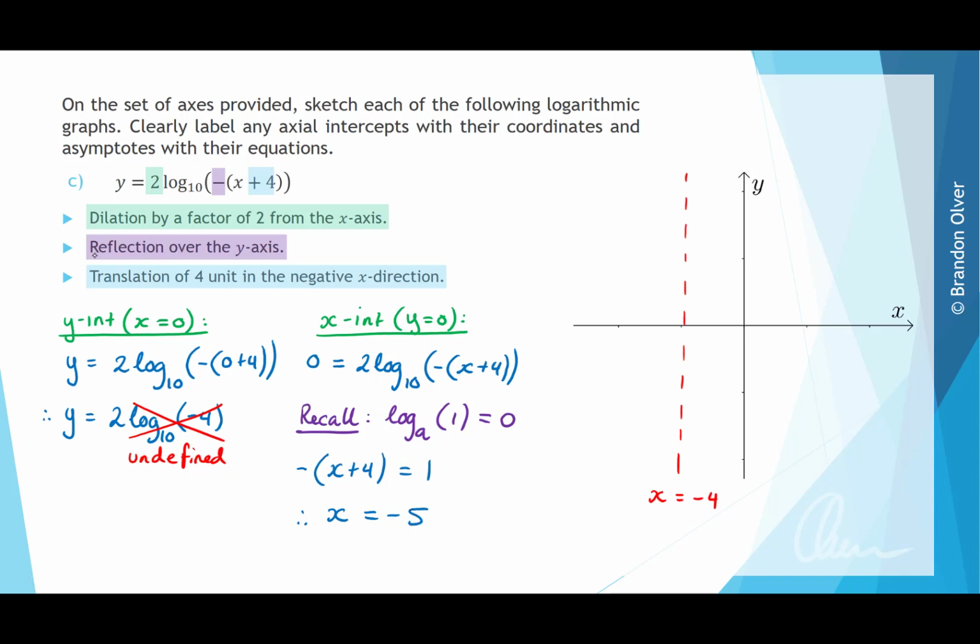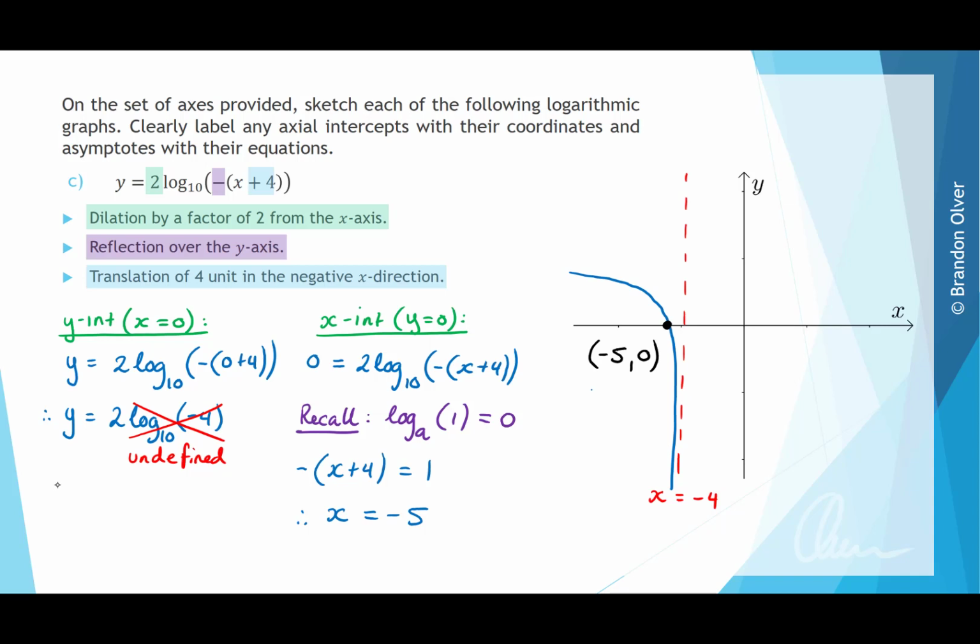And because our graph has been reflected over the y-axis, our graph's going to look something like this, where the x-intercept is going to occur at negative 5, 0, which we found before. And now because we don't have a second axial intercept on this graph, it's good practice to put another point on the graph.